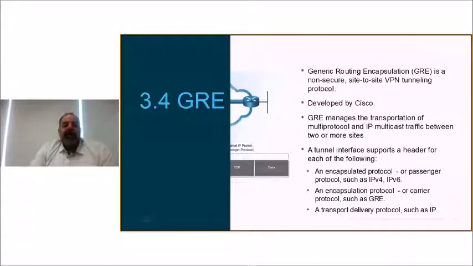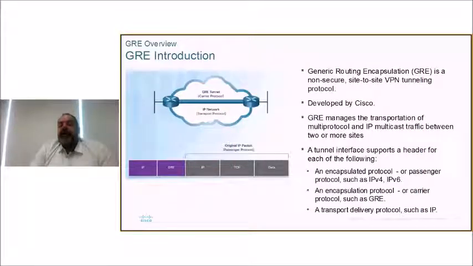Now, GRE is generic routing encapsulation. GRE actually does not encrypt data, but it tunnels it, and so it can be a solution for several problems that exist. One thing is that with most VPNs, you can't actually send multicast traffic or broadcast traffic over a VPN connection.